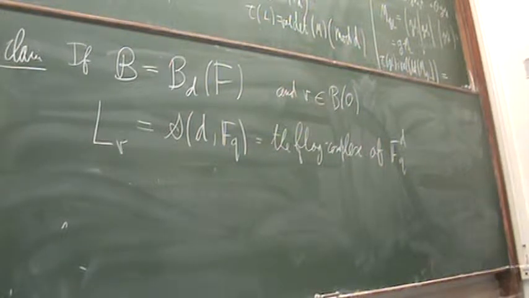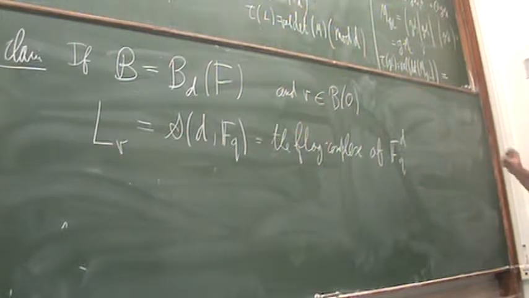You see, the building is an infinite complex. The link here is a finite complex. It's exactly that finite complex that we discussed in some detail a few weeks ago.